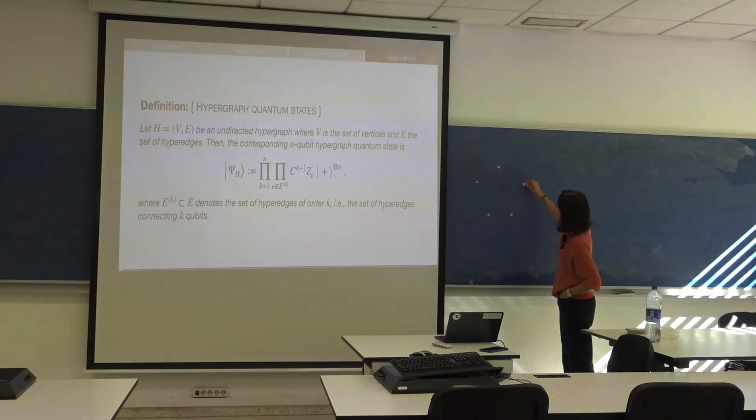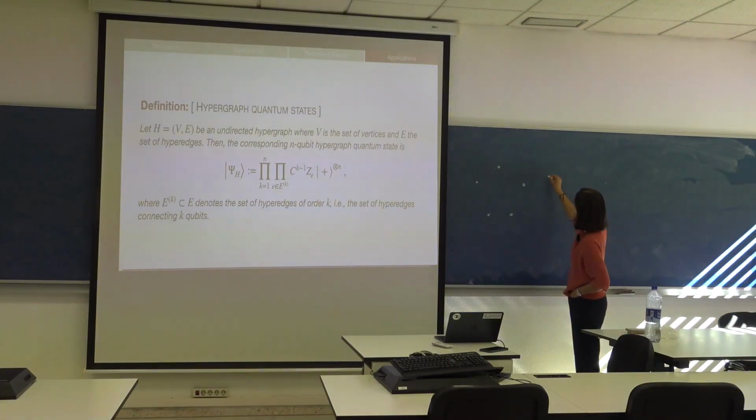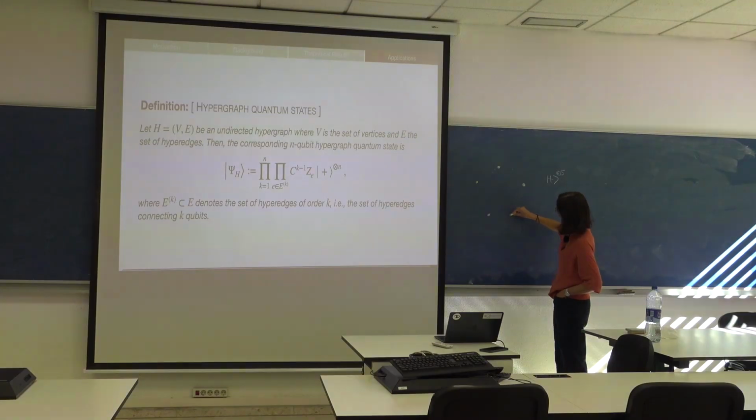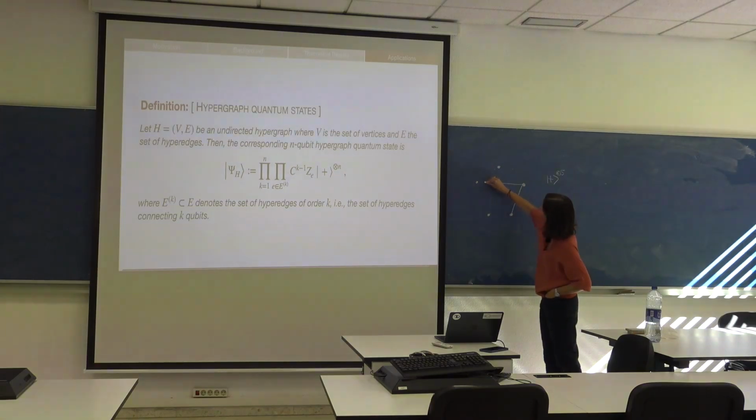Now you can create some states. If you don't have any edges, you just assume each qubit is in the plus state, and you just have this state. But then you can start bringing in entanglement, and you could apply, for example, a control Z gate between these 2 qubits and between these 2 qubits.